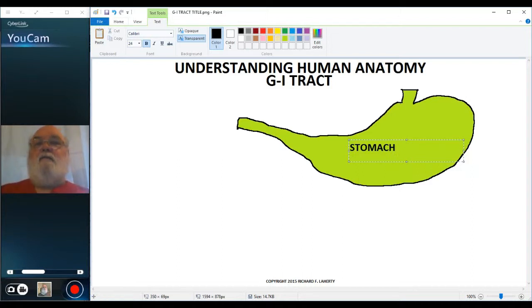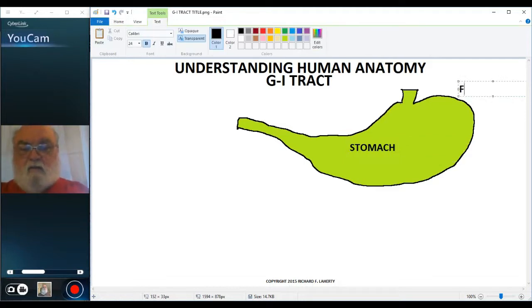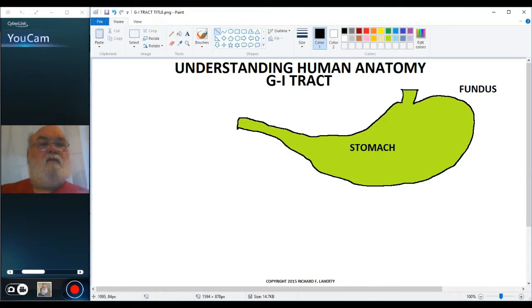And we have the fundus of the stomach, that is this part of the stomach that extends superior to where the esophagus joins the stomach.